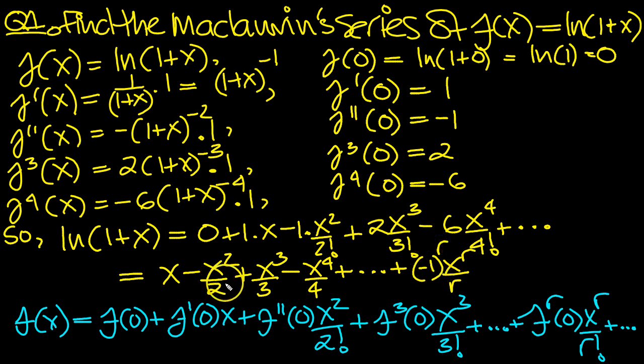Because when r is even, then r plus 1 would be odd. When r is 2, say, we get 3, which is odd. When r is odd, like 3, we'll get 4, and that'll be a plus. So that's what we got then. There's our general term, dot dot dot. And this is valid for minus 1 less than x less than or equal to 1.